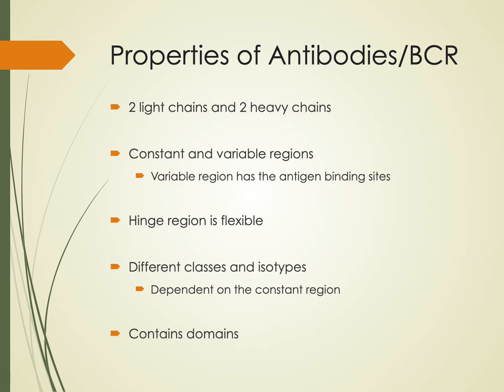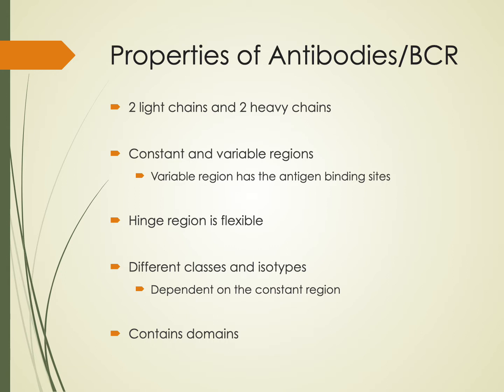There are different classes and isotypes of antibodies. So there's IgG, IgM, IgA, IgD, IgE. And with IgGs, there's actually isotype subtypes of those. For those different classes and isotypes, it's the constant region that changes.